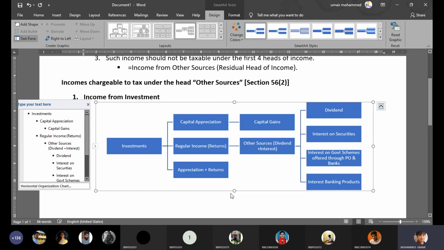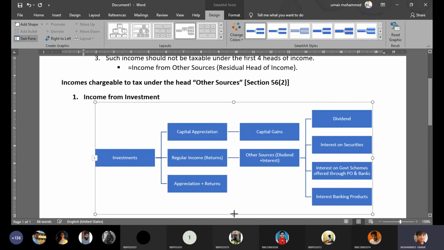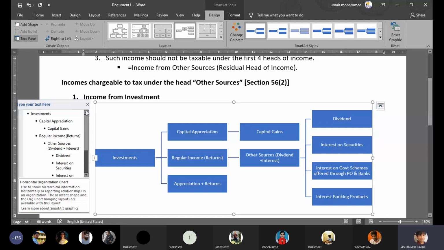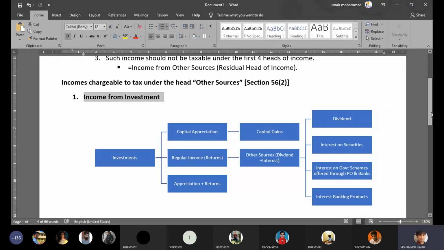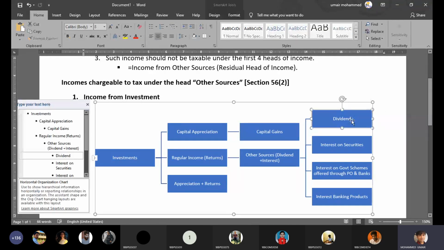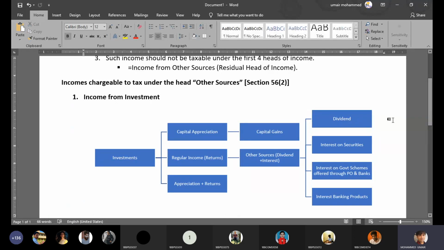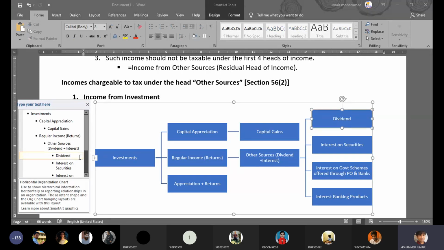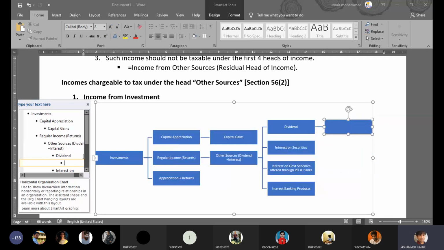So that's the whole point of me explaining this concept of investment. So what about dividend? What is the taxability of dividend? Is dividend taxable or not? So what is the tax treatment? As far as dividend is concerned, again, dividend can be split into three categories.